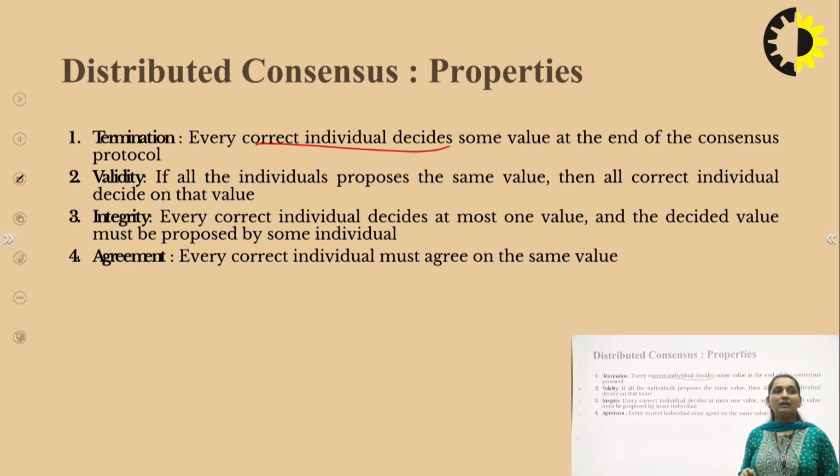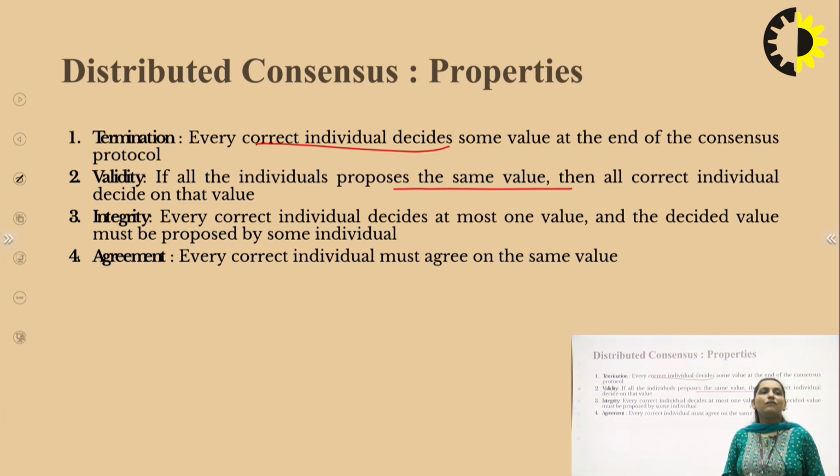Next is validity. If all the individuals propose the same value, as in the previous example 10, 20, 30, 40, then all the correct individuals decide on that value. If the majority say this value is correct, then we decide on that value. That is validity.